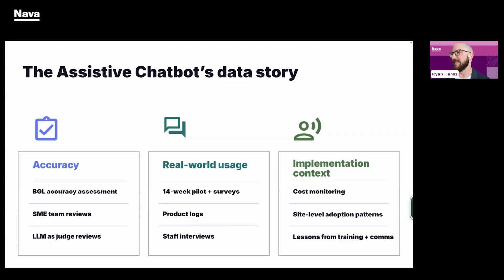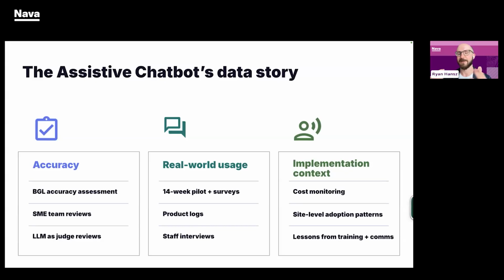We also had different methods to track real world usage, including a 14-week pilot and surveys. So we could see everyone who was and wasn't using the tool. And then we had surveys to try to get a bit more information about why, as well as product logs to, again, show everything that was happening in the tool. And then interviews to dive even deeper.